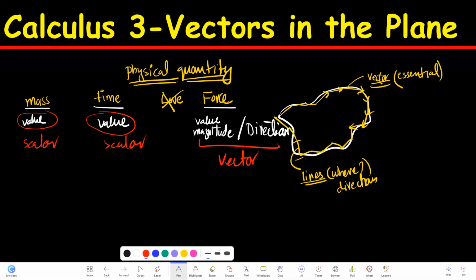If you're talking about force, it has a magnitude and direction. So every vector, yes and no. Kevin says yes and no. That's a great way to say that. Every scalar cannot be a vector, but every vector should have a scalar part.